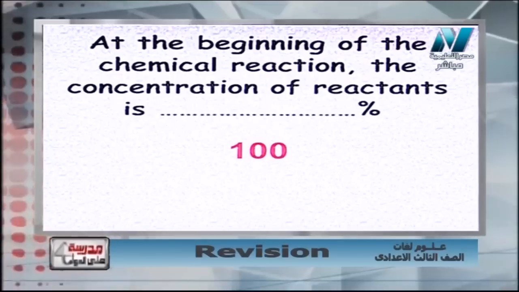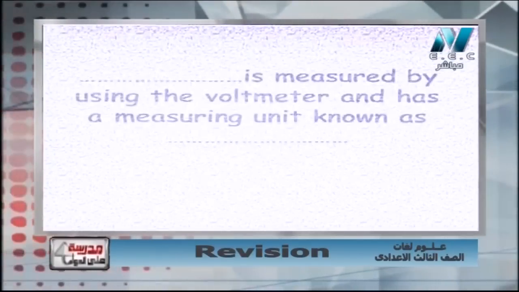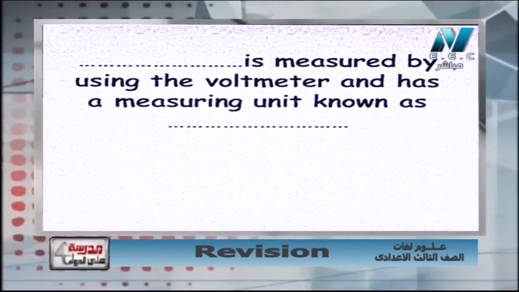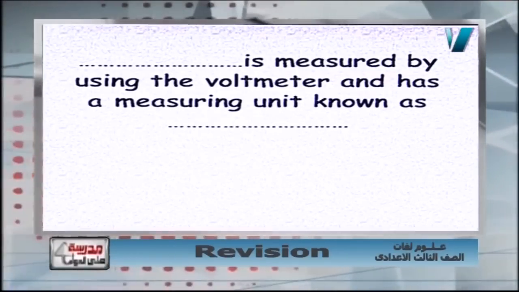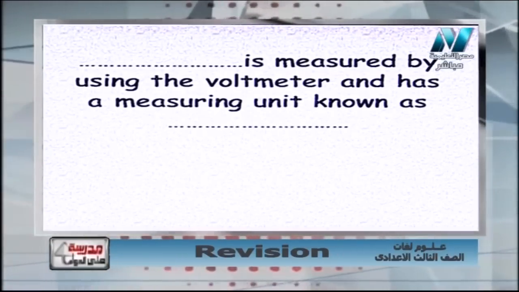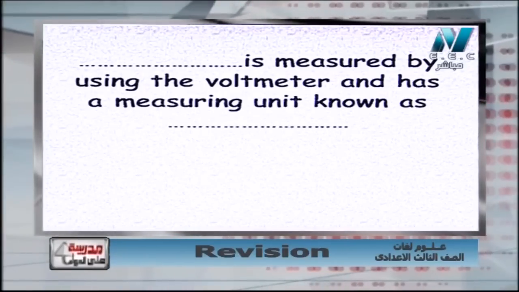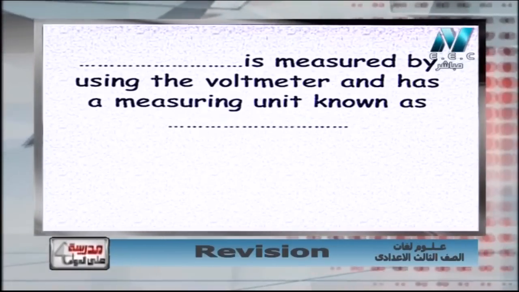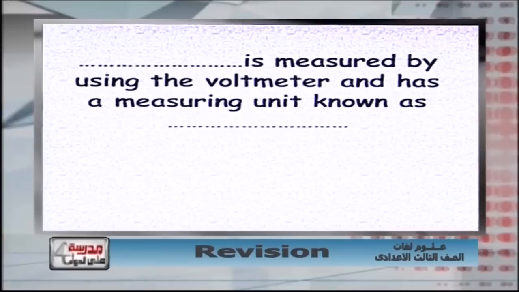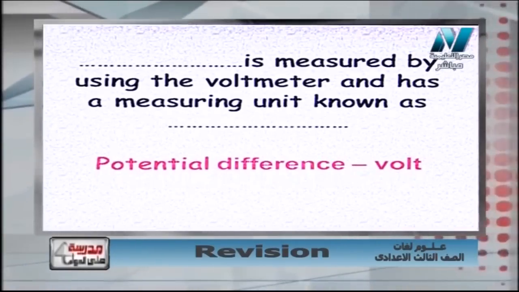Another question says: point is measured by using the voltmeter and has a measuring unit known as what? Sure, it will be the potential difference.